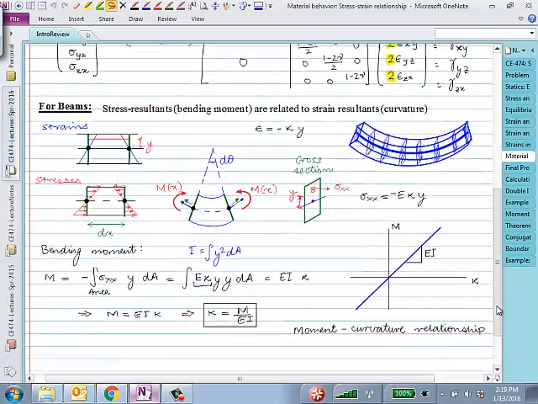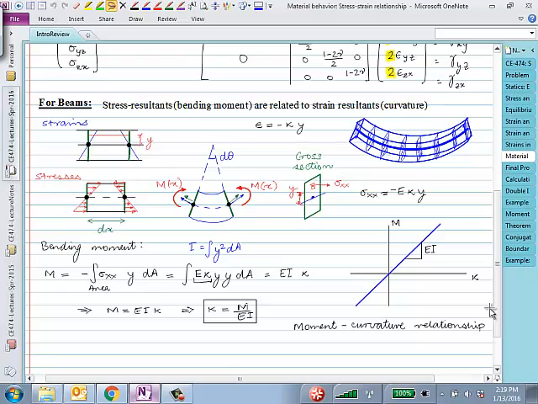But for beams specifically, what does that material relationship amount to? It amounts to the relationship between the beam measure of strain, which is curvature, and the beam measure of stress resultant, which is bending moment. So M is related to curvature through EI, the bending stiffness.